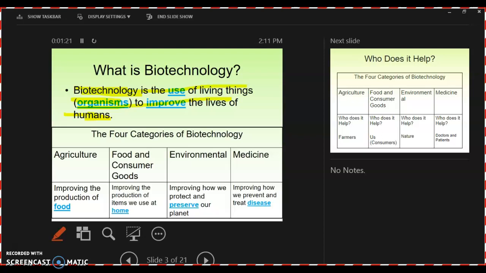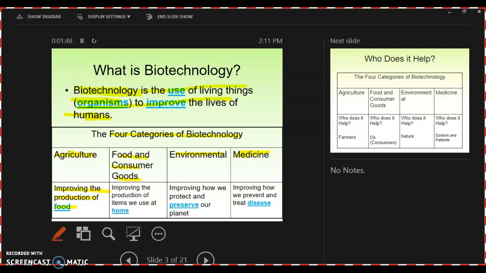So the 4 categories of biotechnology are agriculture, food and consumer goods, environmental, and medicine. How does biotechnology help enhance these? With agriculture, you're improving the production of food, and we'll talk about how it does that.